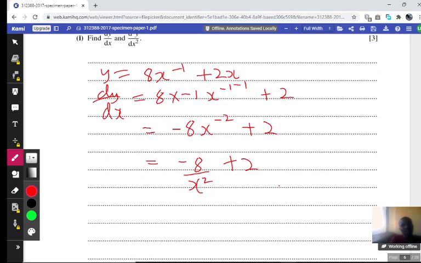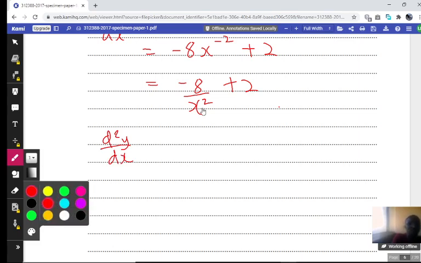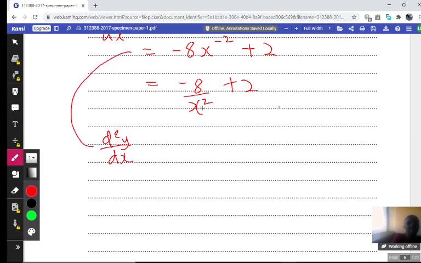Now the second one, the second derivative, d squared y over dx squared. So it will be minus 8 times, differentiating that, minus 2x to the power minus 3. If you differentiate a constant, what do you get?